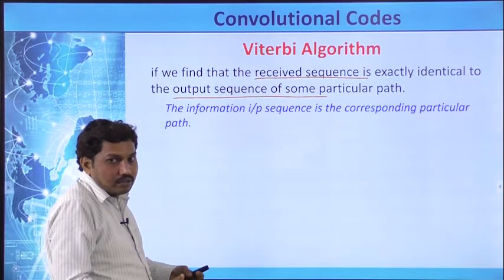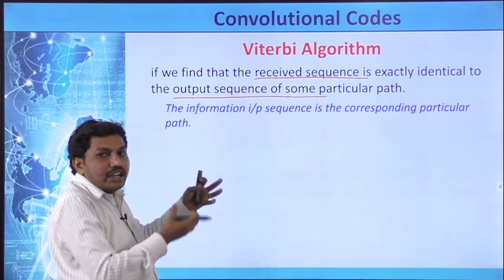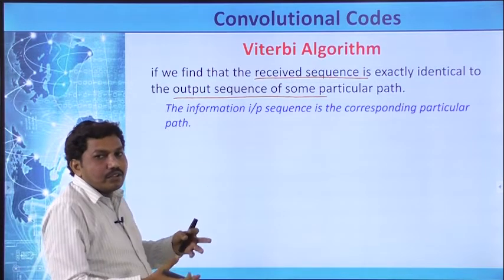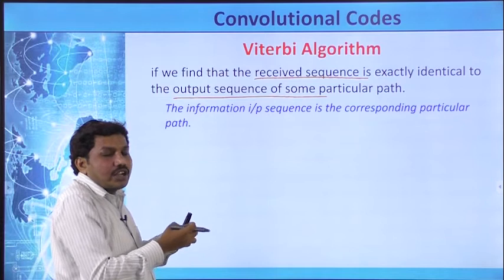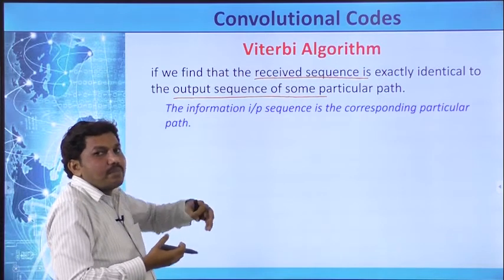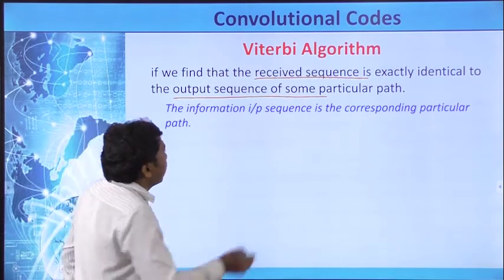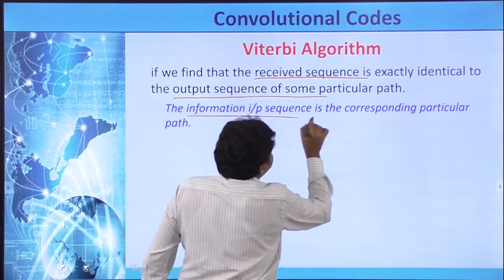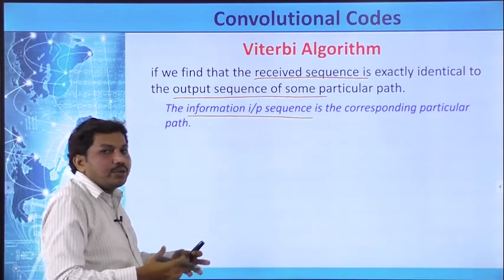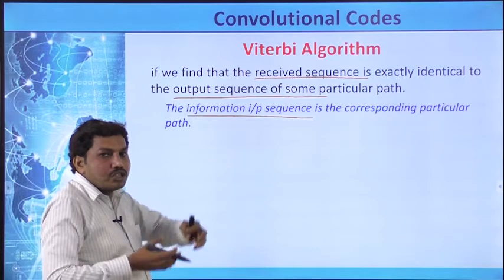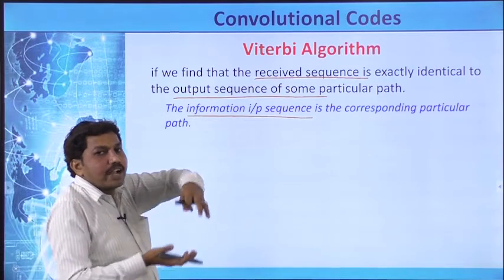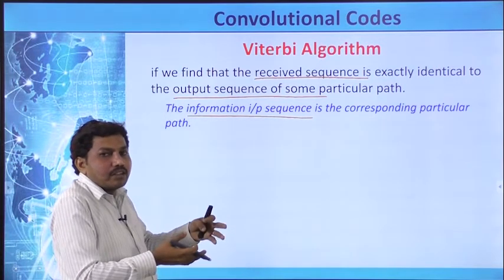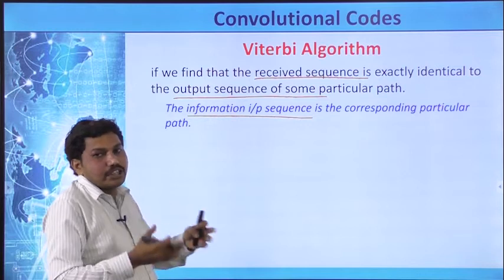If those two match, that is, the received sequence is exactly identical to the output sequence of some particular path. We already selected various paths from starting node to ending node. If the output sequence of any one of the paths matches with the received sequence, the information input sequence corresponds to that particular path. So whichever path the received sequence matches, from that path we want to write the input bit sequence.